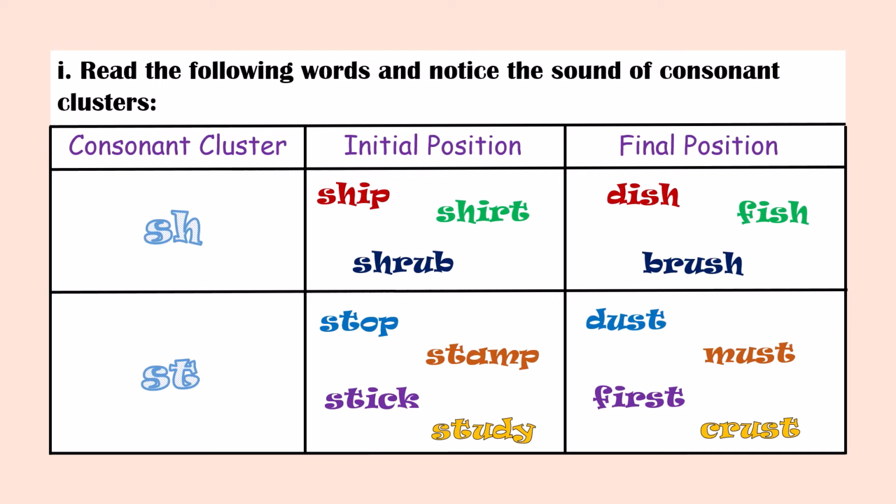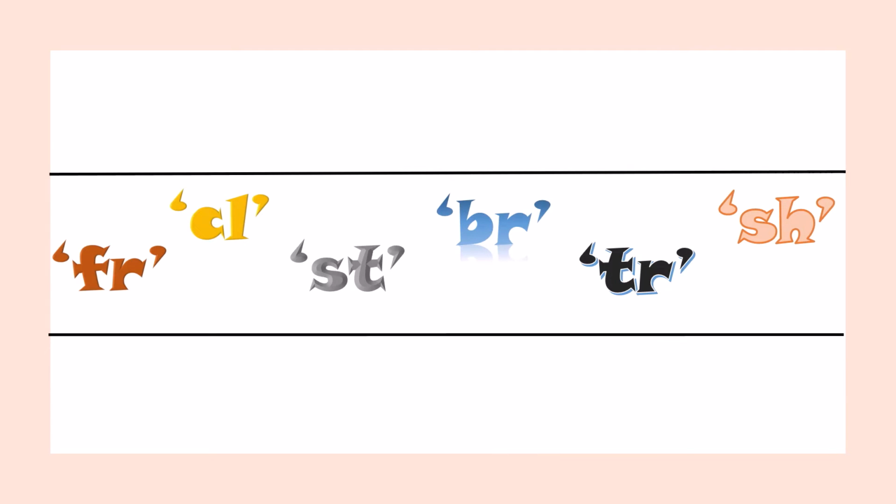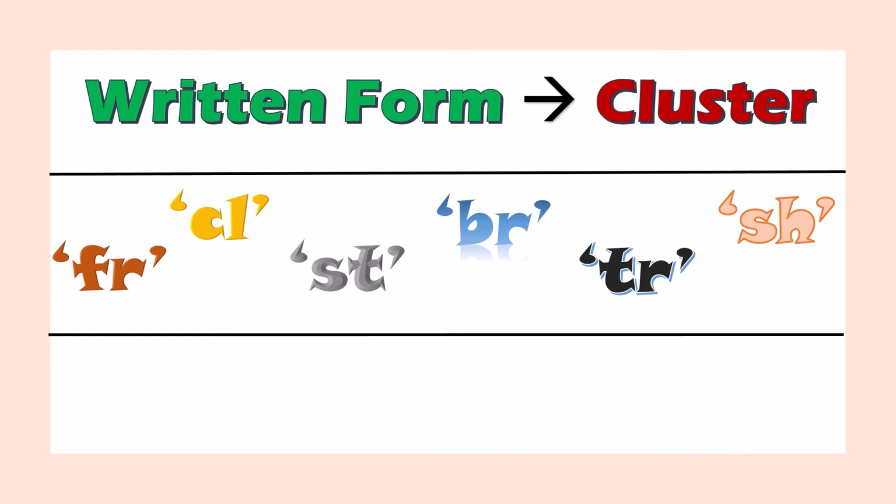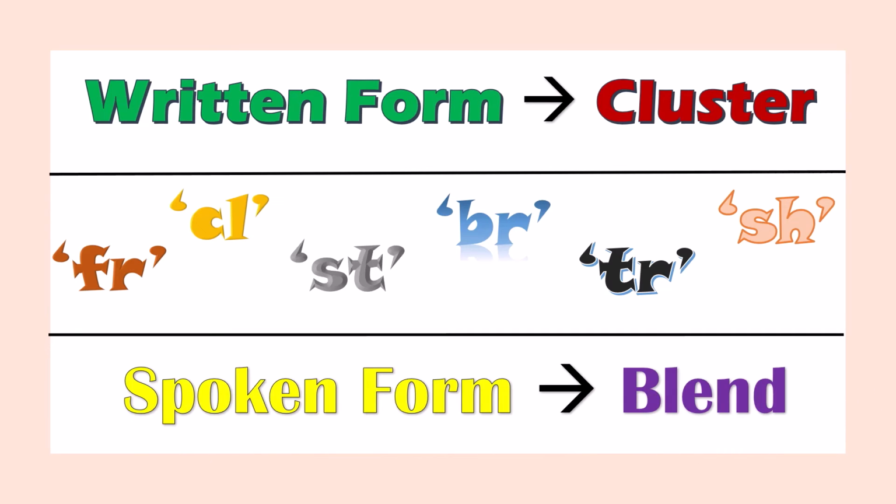I hope you did. Now, here you can see a few consonant clusters. Make sure to keep in mind that when you are talking about the written form of these consonant clusters, you say cluster for them. While when you are discussing them not in written form, but orally or verbally, then you use the word blend for them.